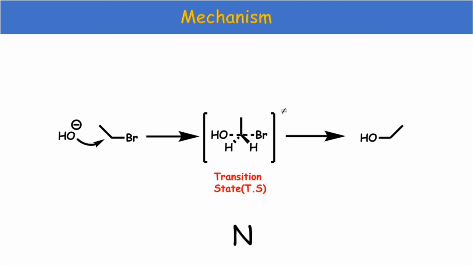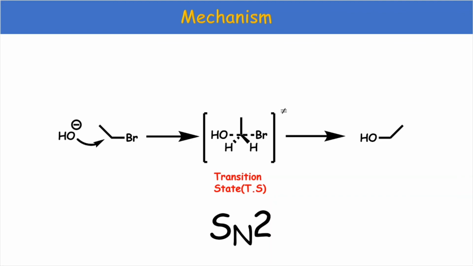N stands for nucleophilic, S stands for substitution, and because it is a second order reaction, it is called SN2 reaction. This transition state is very important. A transition state is a species which we cannot see with our eye, but it is a proposed species through which the reaction goes. So this is a single step reaction.